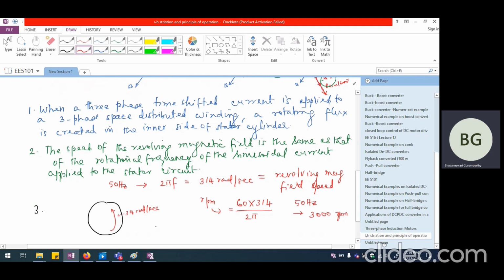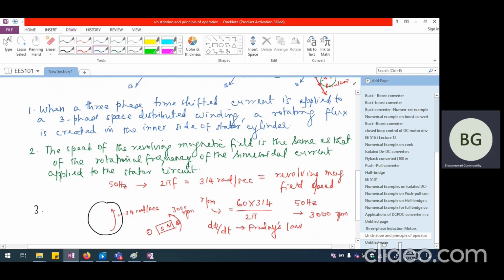So this revolving magnetic field is as good as having a north pole and south pole physically and rotating this at 3000 rpm. So that is equivalent to that basically. So if I have a copper conductor here, these copper conductors are going to face a continuously changing magnetic field. So they are going to face a d phi by dt. Faraday's law will definitely come into action here if I put some conductors in the vicinity of this magnetic field.